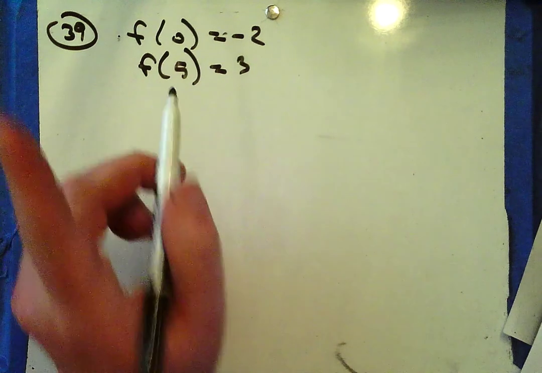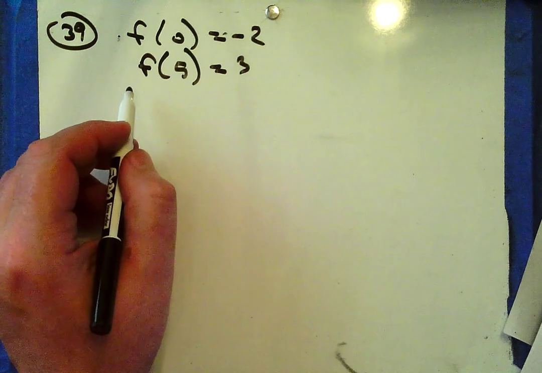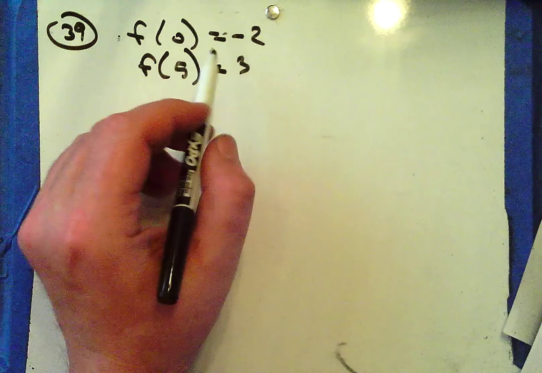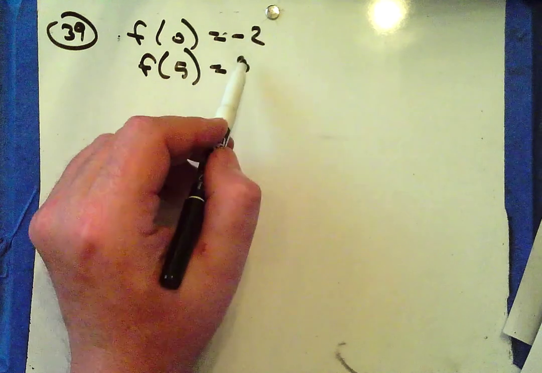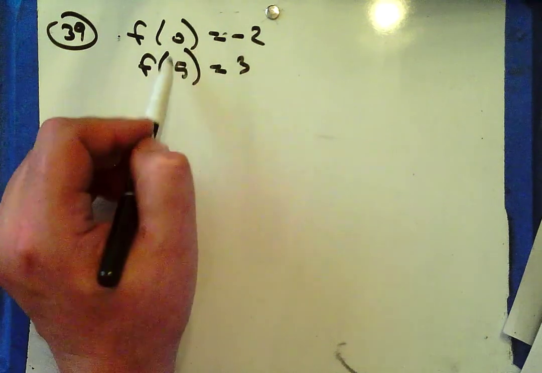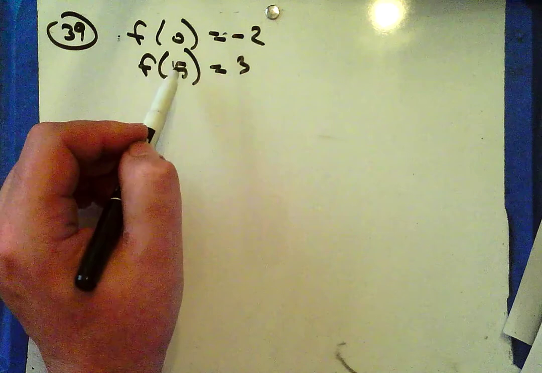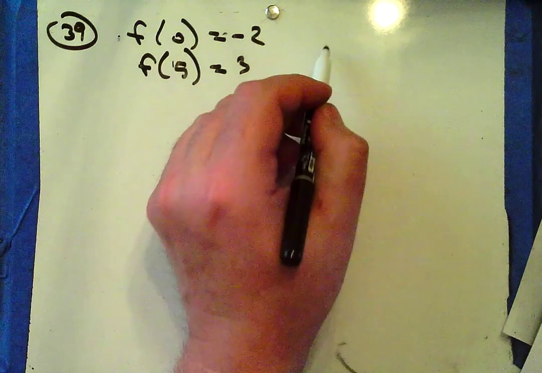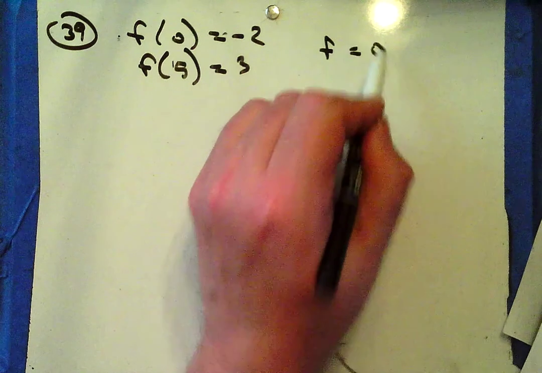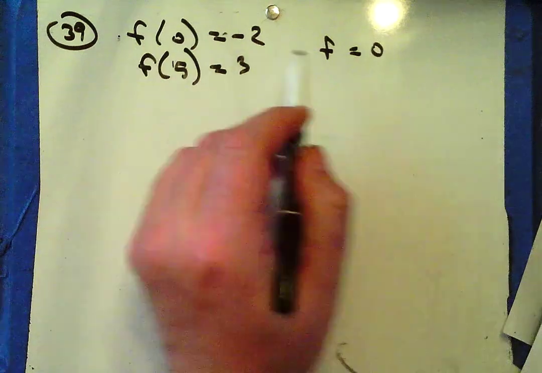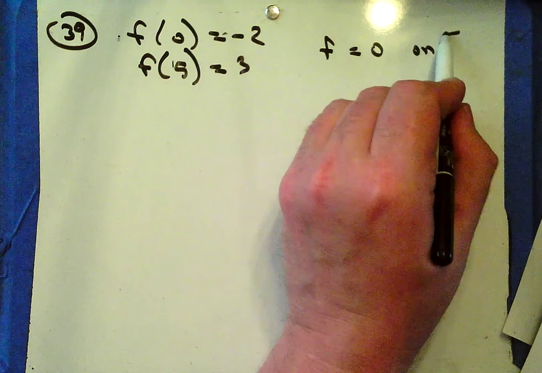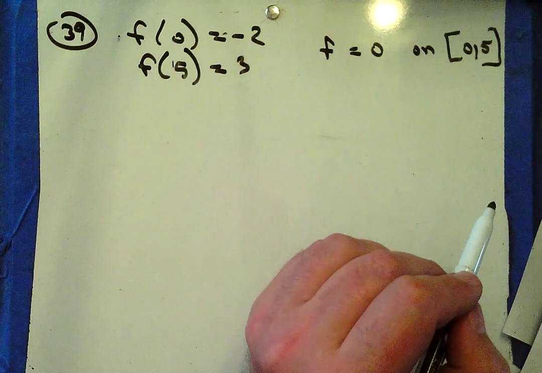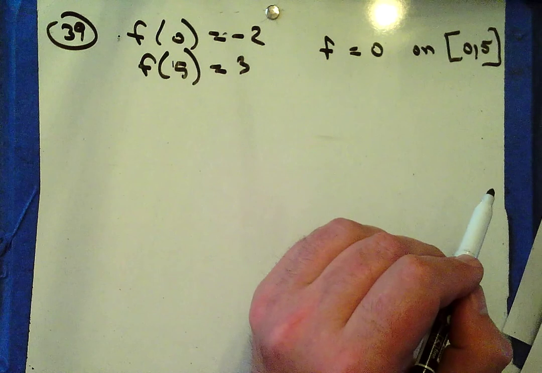Well, according to IVT, we know that the function must pass through all the values from -2 to 3 because f is continuous on 0 to 5, which means f must equal 0. There must be an x-intercept on 0 to 5. So that's f of c equals 0.